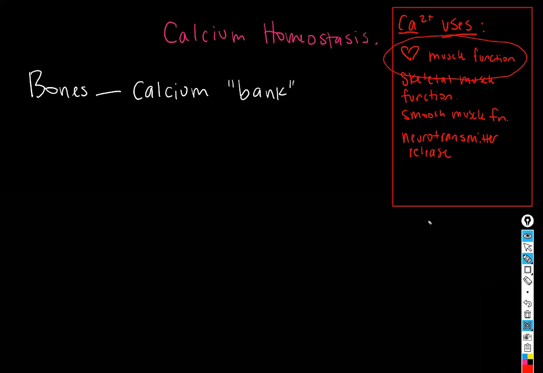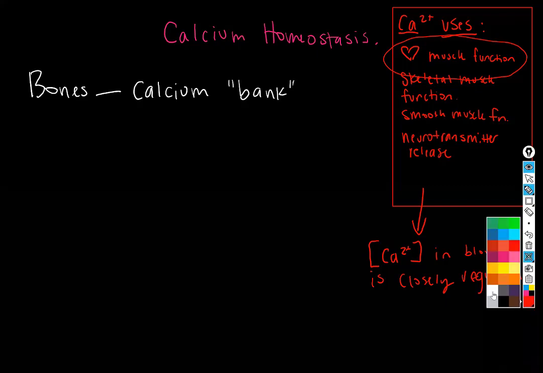So this means that the concentration of calcium in the blood is closely regulated by the body. So that requires withdrawals and deposits into and out of our calcium bank.